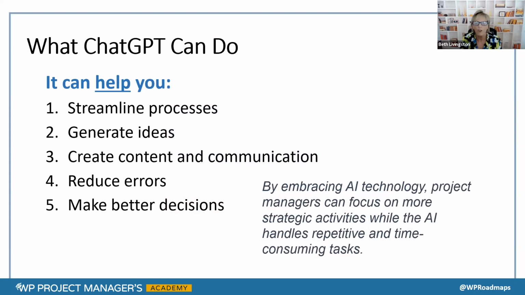So what ChatGPT can do, it can help you streamline project management, can help you streamline processes, can help you generate ideas on anything, create content and communication. It can reduce errors, and it can help you make better decisions. And so by embracing this AI technology, project managers, business owners, whoever can focus more on the strategic activities and let AI handle the repetitive and time-consuming tasks.